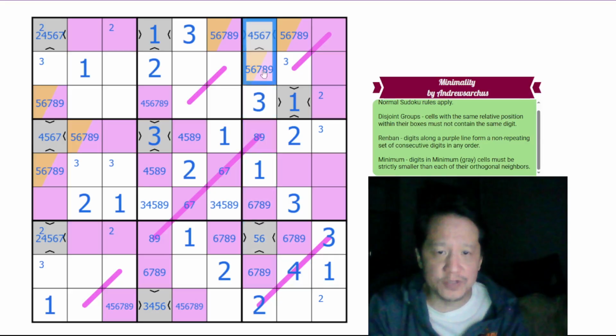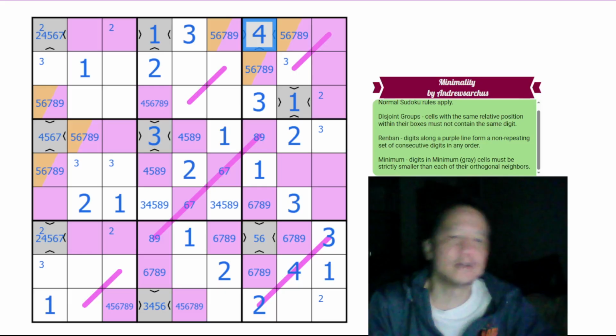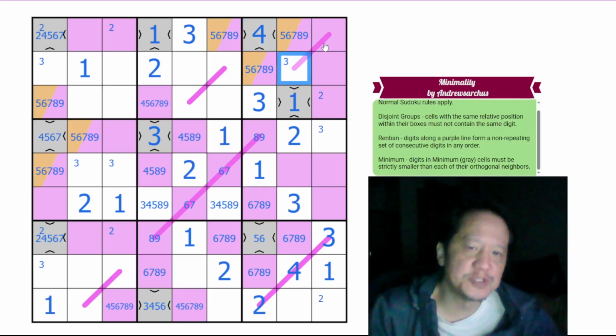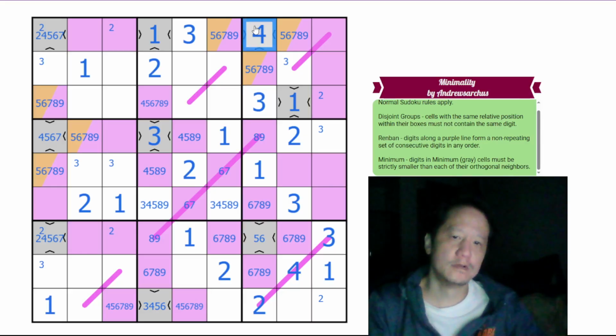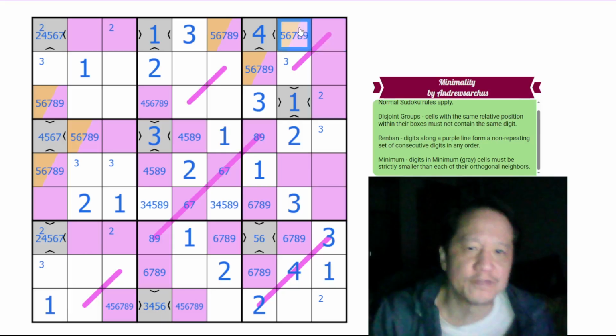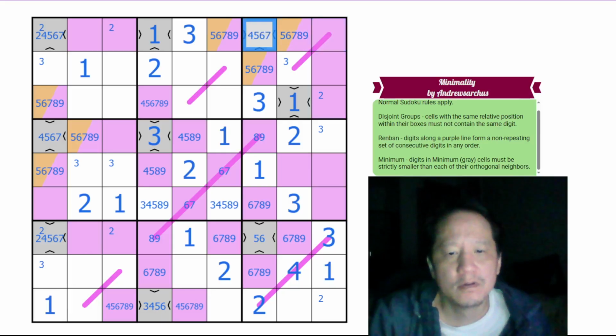Where is 4 in column 7? It has to be here. So this is 4. Oh, that's interesting. So if this is 3, that's 4. If this is 3, that's 4. So we're guaranteed one of these two is a 4. Huh. Okay.